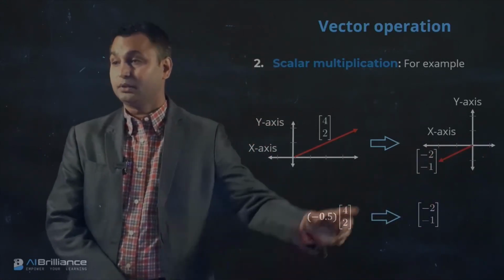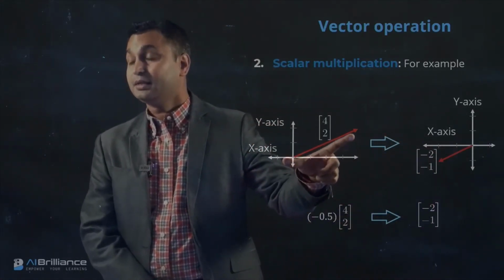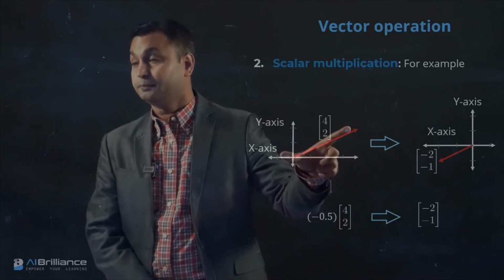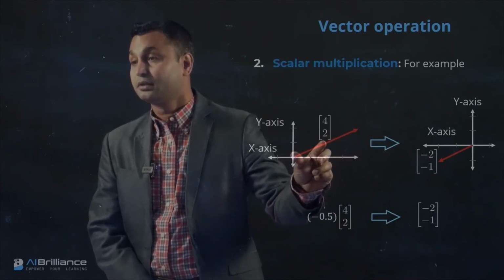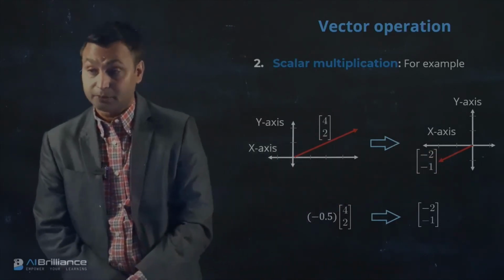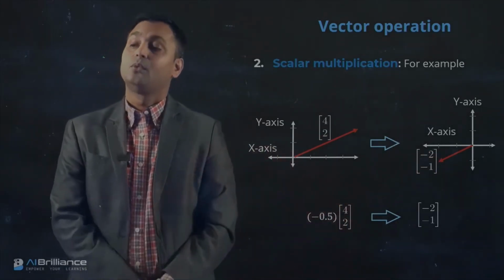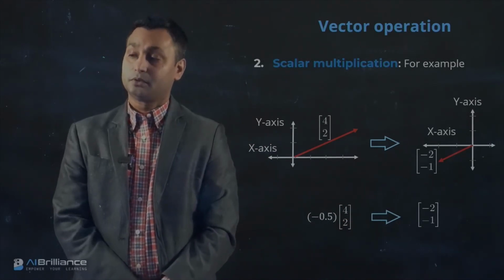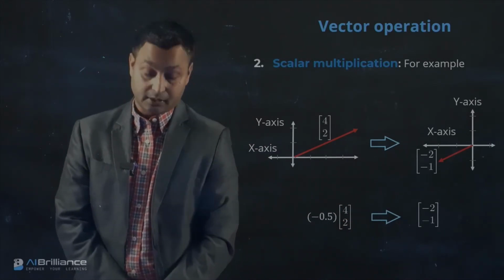As you can see, what this has done essentially is reverse the direction of the original vector, and it has squished this vector to half of its original magnitude. So this is the geometrical interpretation of scalar multiplication of a vector that we see here.